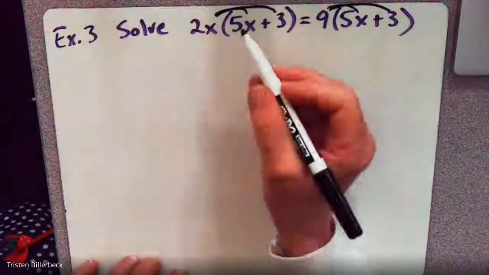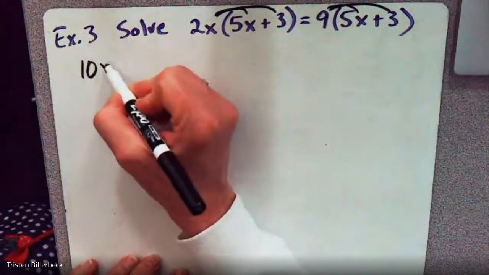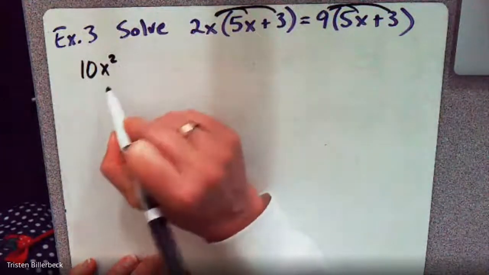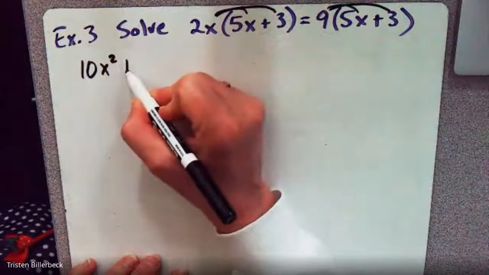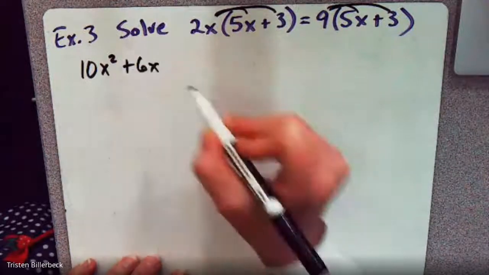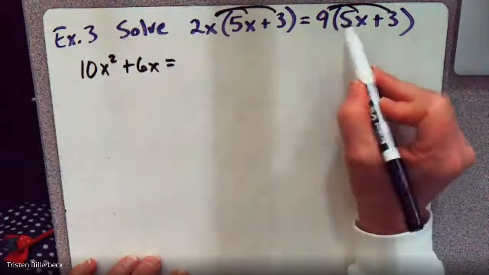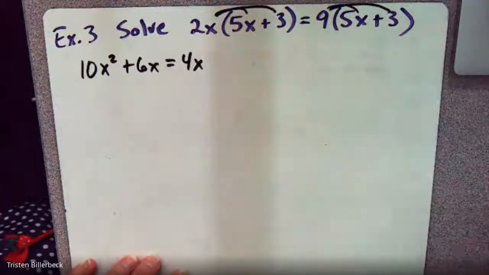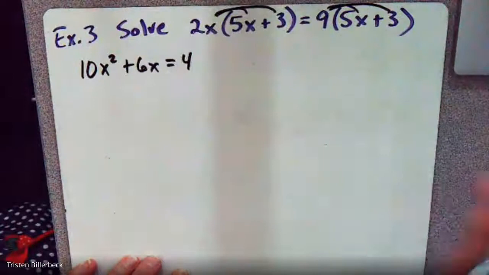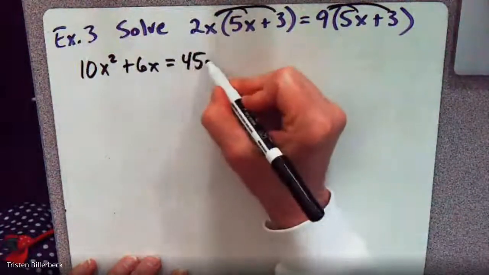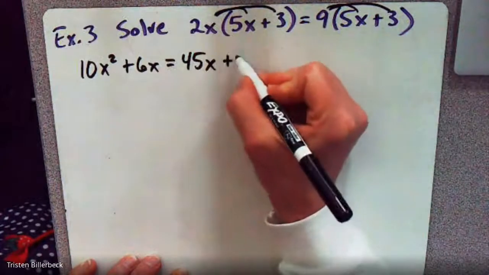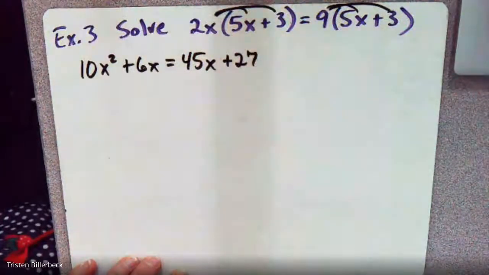So 2x times 5x is 10x squared. 2x times 3 is plus 6x. That side equals 9 times 5x, which is 45x, and 9 times 3 is plus 27.